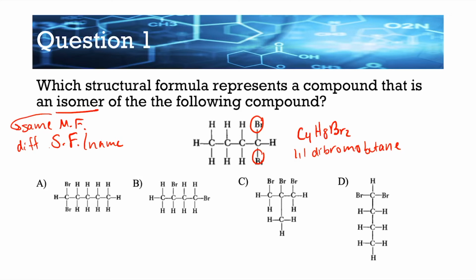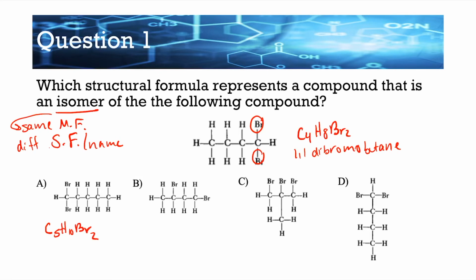Okay, so we want to find a compound that has the same formula but a different arrangement of these molecules. So if you look at choice A, the molecular formula is C5H10Br2.